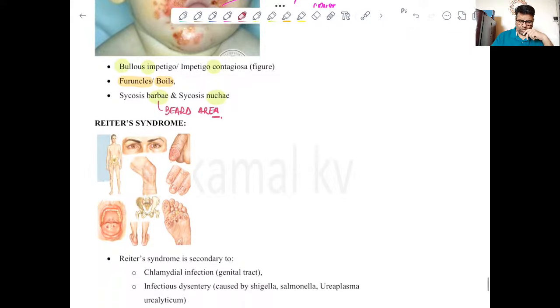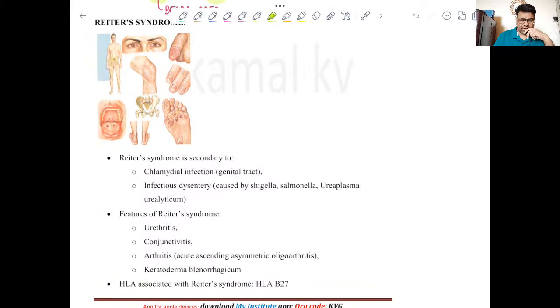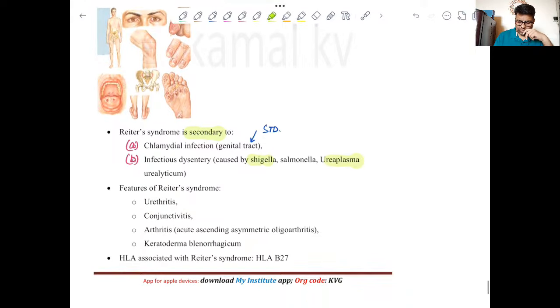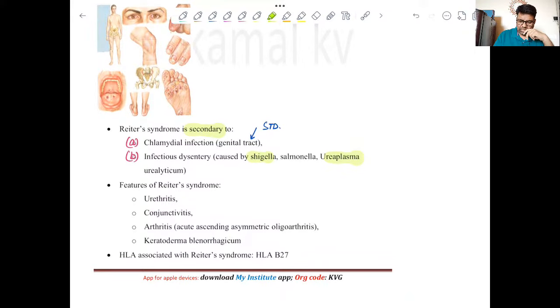Clear? Then moving forward to Reiter syndrome, which is also known as reactive arthritis, because it can occur secondary to two sets of conditions. Either there is a chlamydial infection, which is a sexually transmitted entity, or secondly it can be because of infectious dysentery which may be caused by Shigella or Ureaplasma urealyticum. So either of the two conditions will be present, and then only the patient will go into Reiter syndrome.